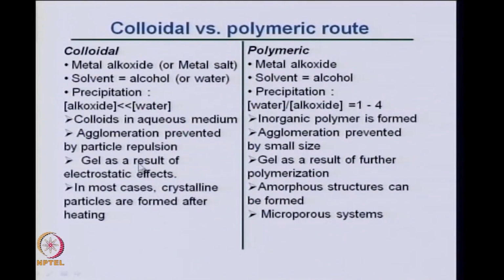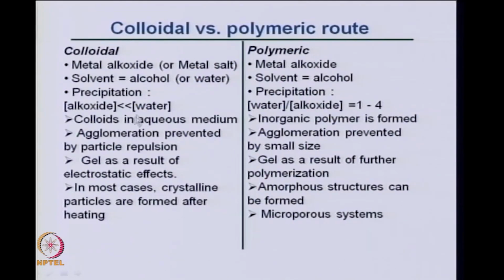In the colloidal route you get a gel as a result of electrostatic effects, as you see that the particles are prevented by the particle repulsion and there are some charges on the surfaces, and you get a gel as a result of electrostatic effects. In the polymeric route you get the gel as a result of further polymerization.